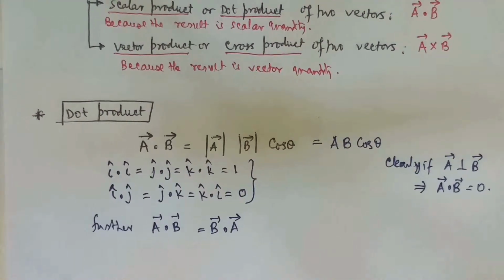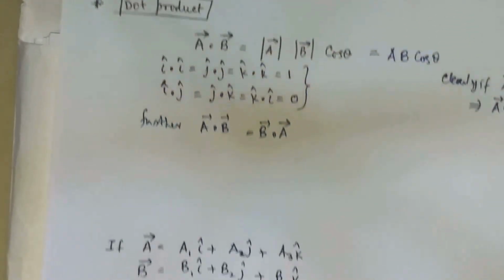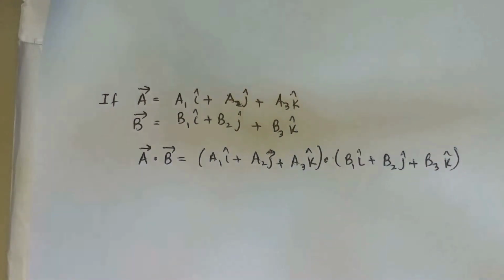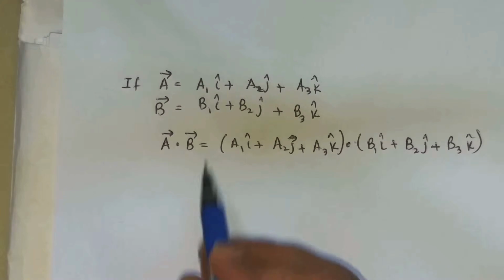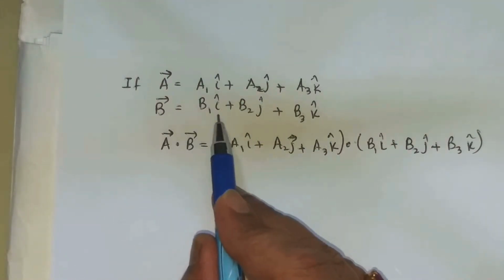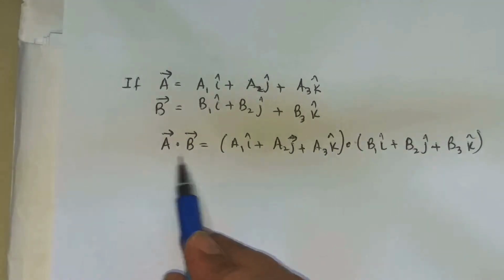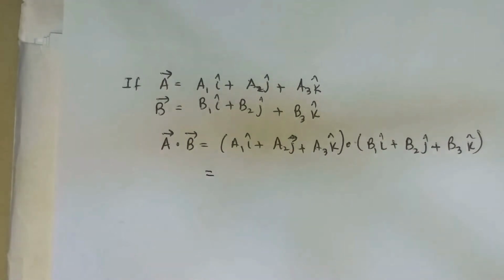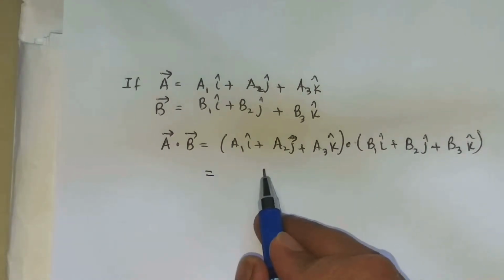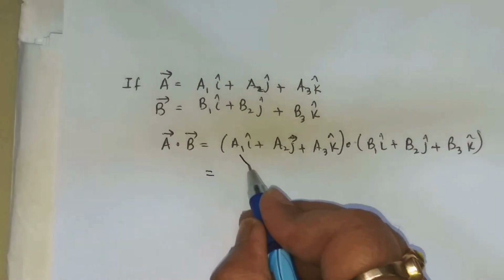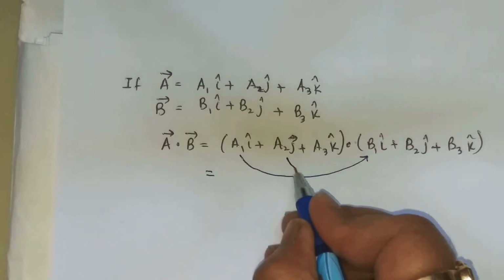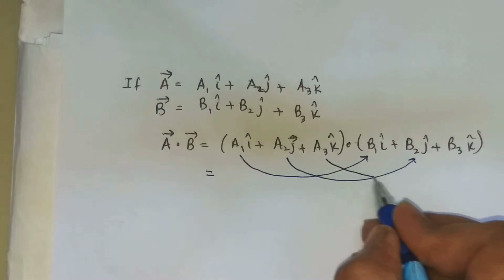Let's take a small example in terms of ijk components. A is a1 i plus a2 j plus a3 k and B is b1 i plus b2 j plus b3 k, then A dot B can be written like this. Remembering that i dot j or k will give 0, let us directly take up the terms i with i, j with j and k with k.